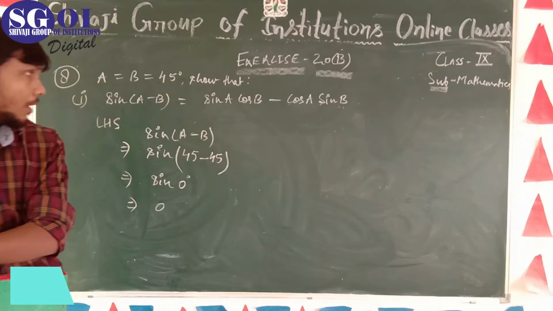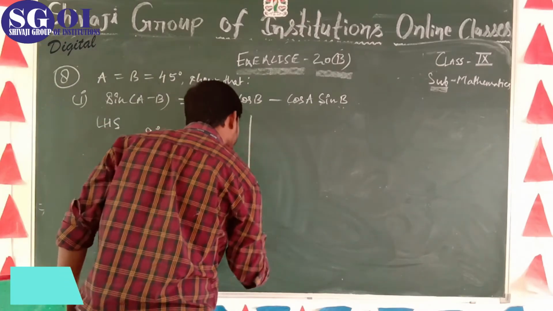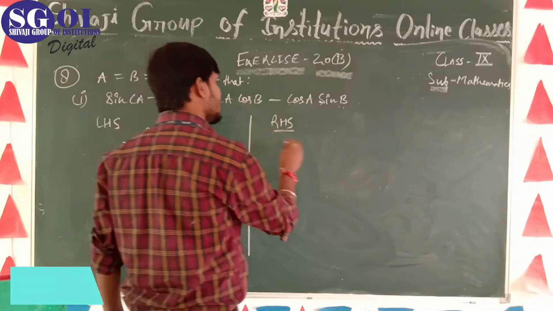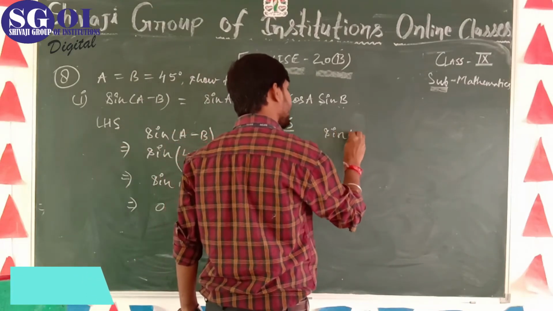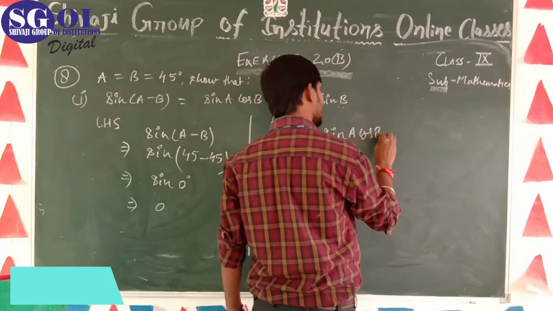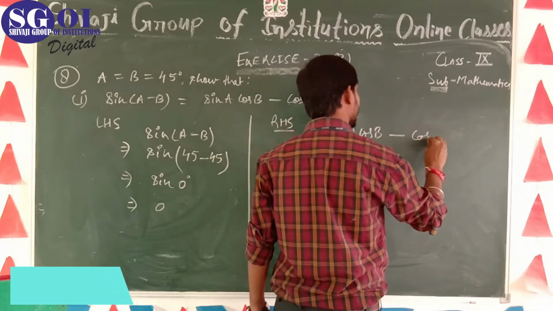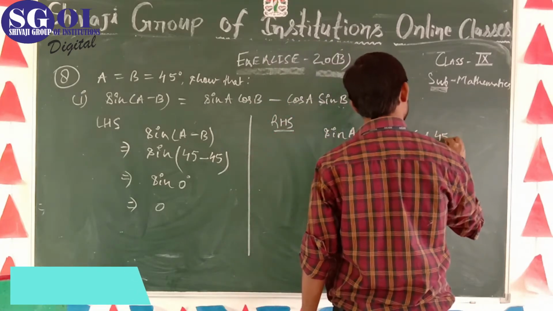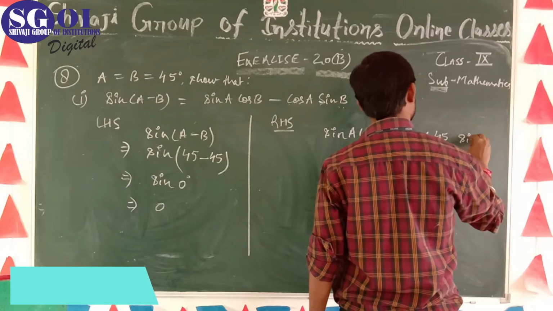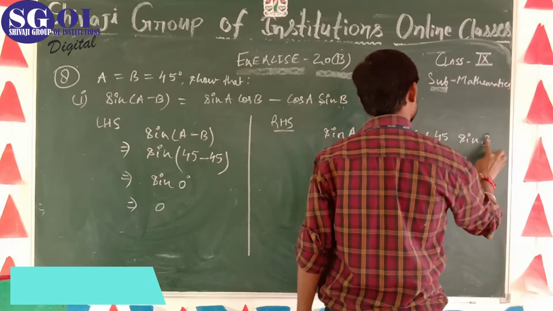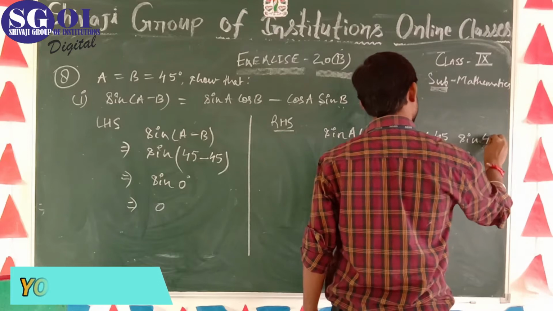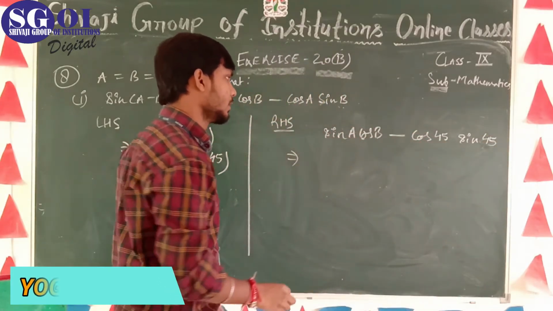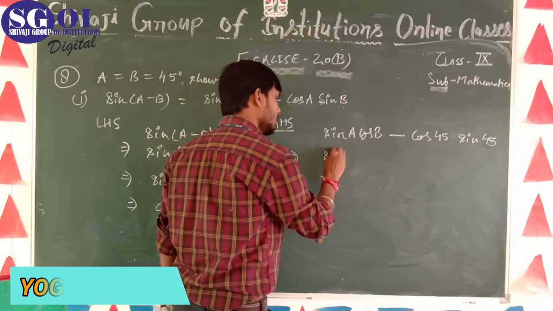Now we solve the other part. It means RHS: sin A cos B minus cos A sin B. Now we put the values of the angles which are given here.